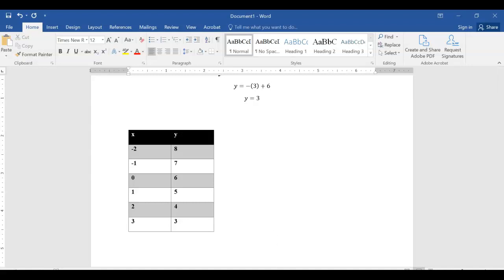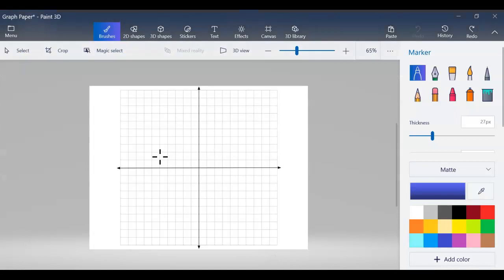So what we're going to do is plot -2, 8, which is there. -1, 7 is there. 0, 6, 1, 5, 2, 4, and then 3, 3.